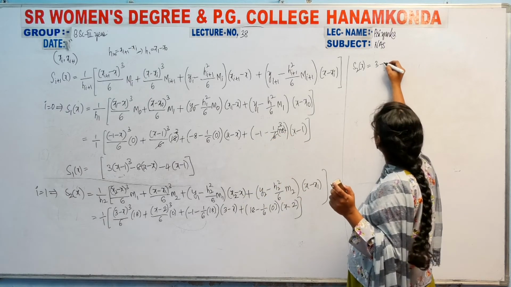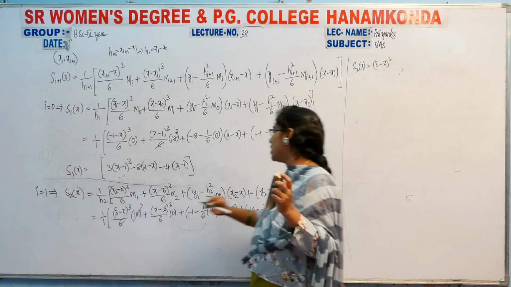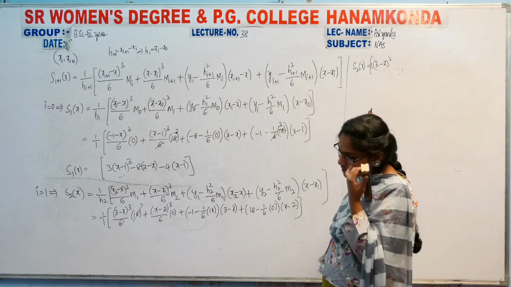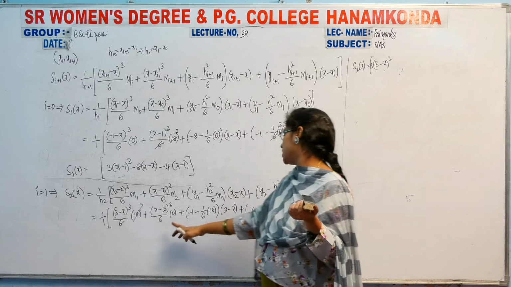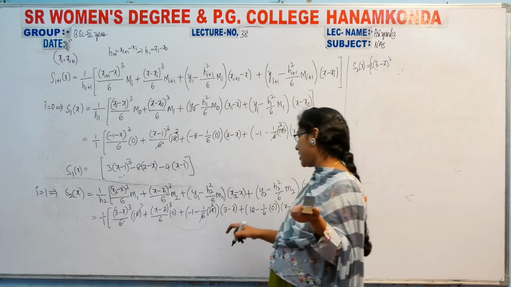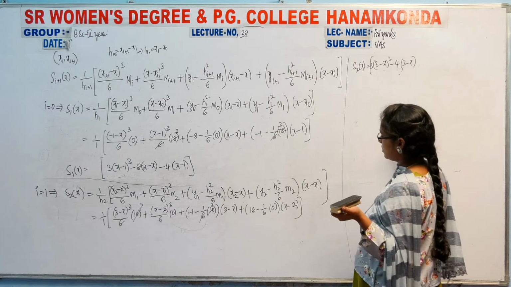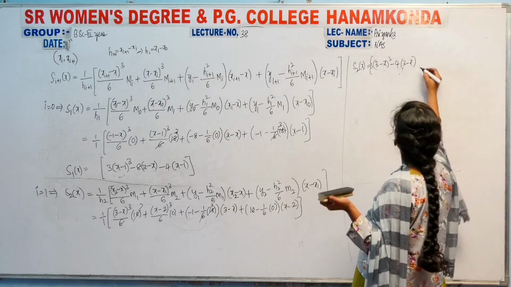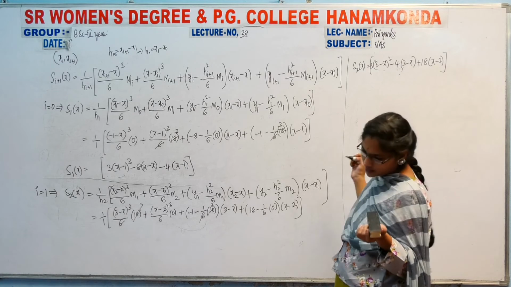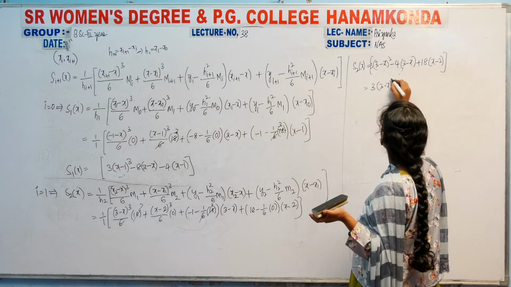Now 3 minus x whole cube, 6 ones are 6, 6 threes are 18. So it is nothing but 3 into (3 minus x) whole cube. Next it is 0, 6 ones are 6, 6 threes are 18. Minus 1 minus 3, minus 4, into (3 minus x). Next plus 18 into (x minus 2). Okay, so finally here it is nothing but 3 of (3 minus x) whole cube.